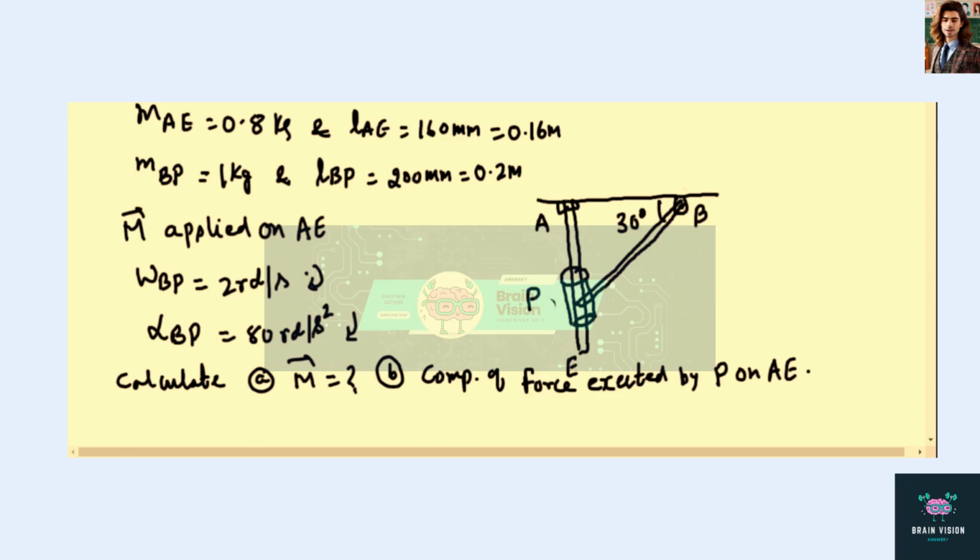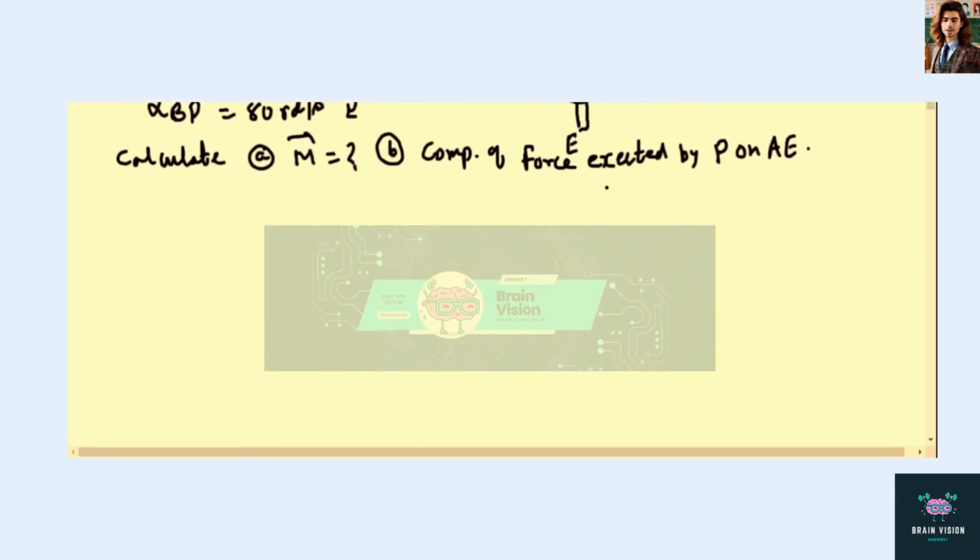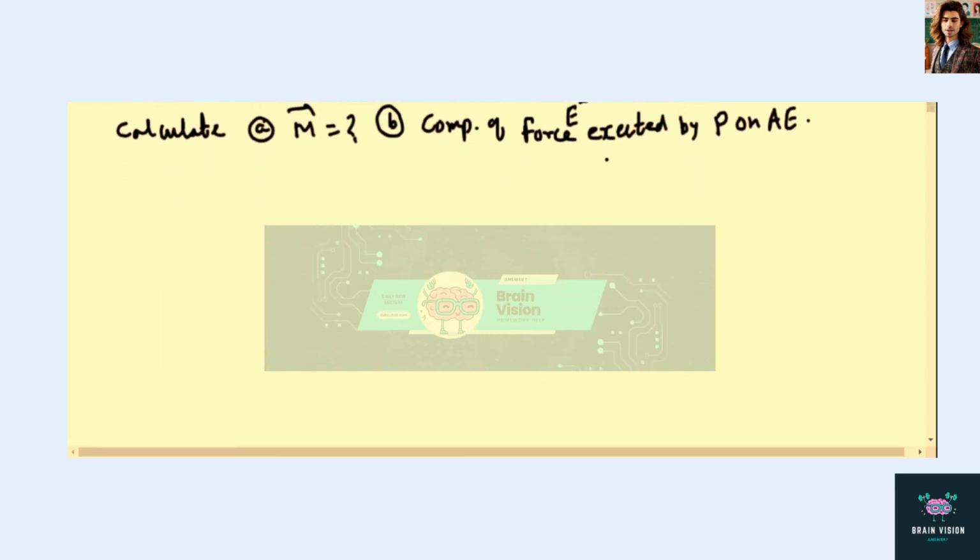First, write the position vector of different points. Position vector of P with respect to A is 0.2 sine of 30 downward, that is 0.1 meter in downward direction.